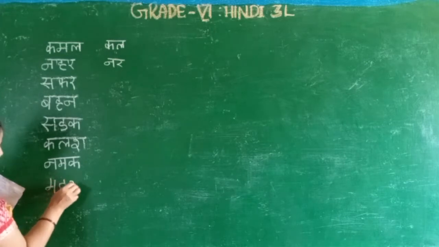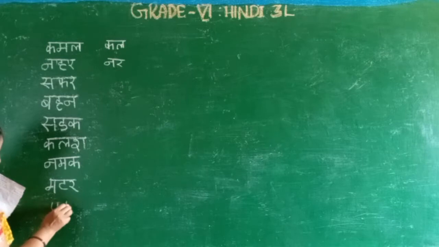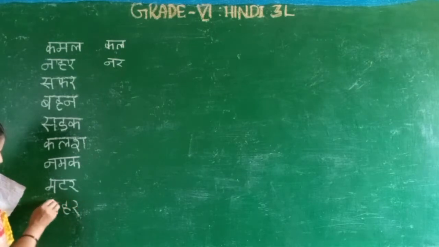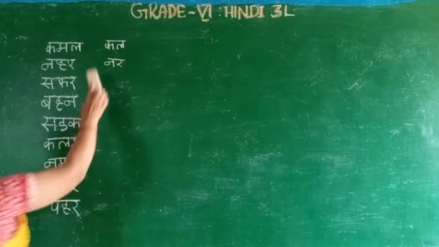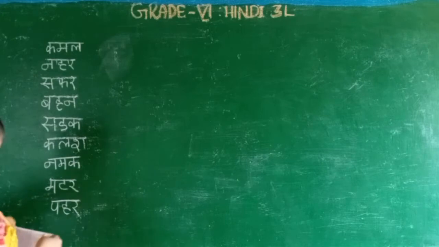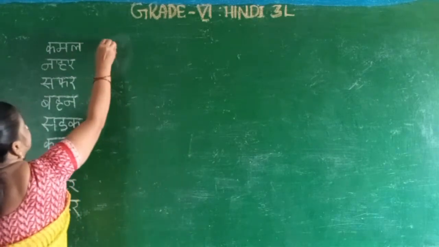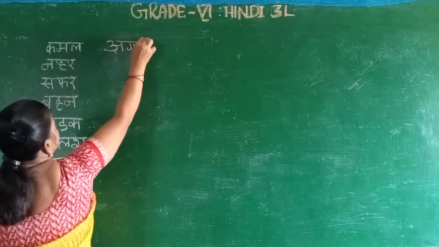Ma, ta, ra, matar. Pa, ha, ra, pahar. Next: a, ga, ra, agar.